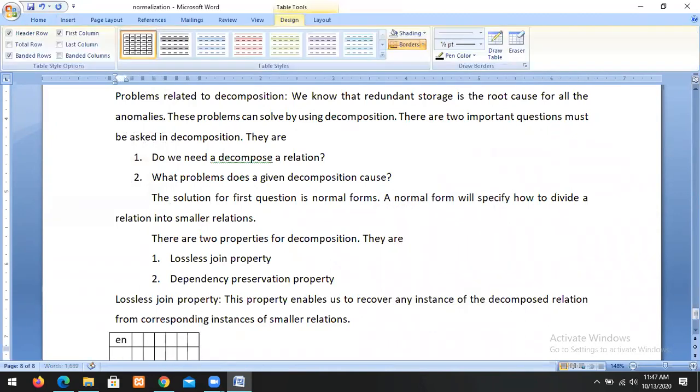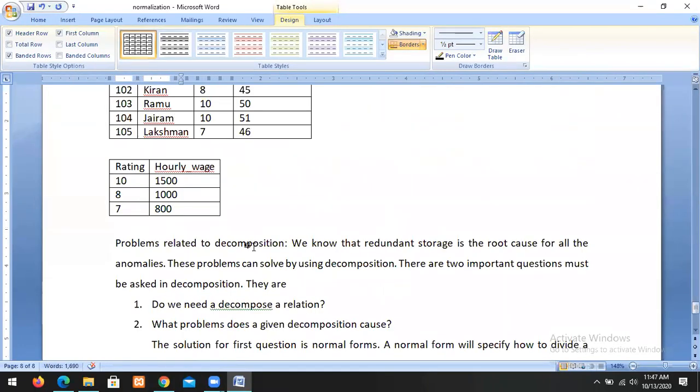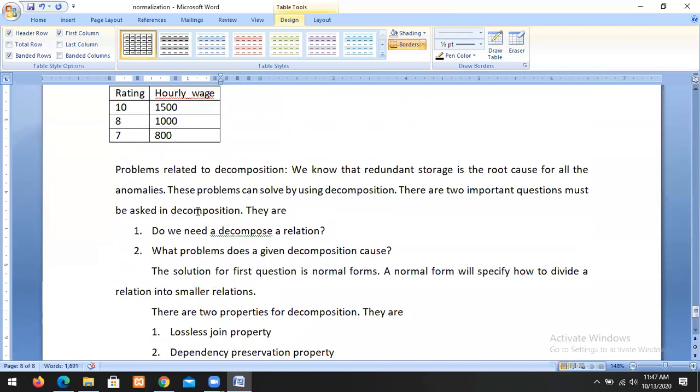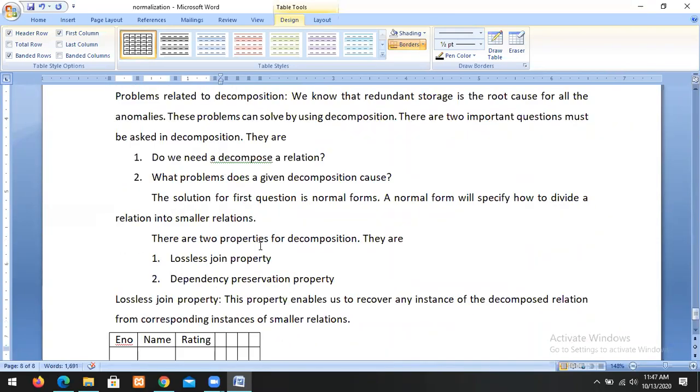For example, we have the employee number, name, rating, hours worked.